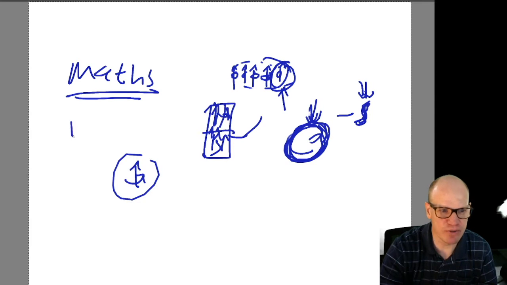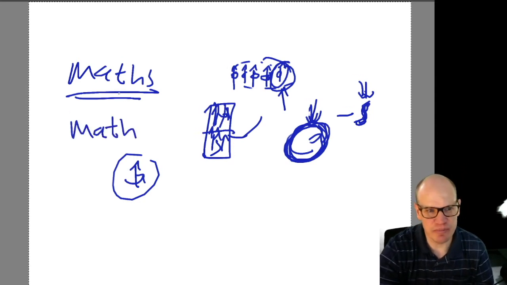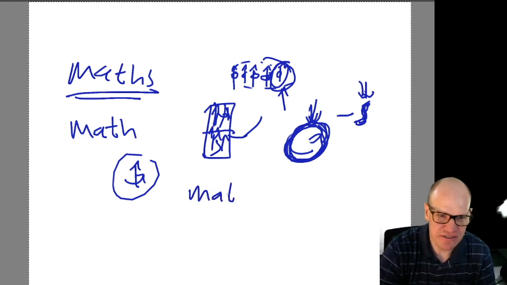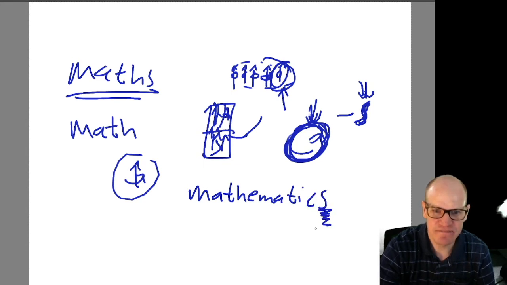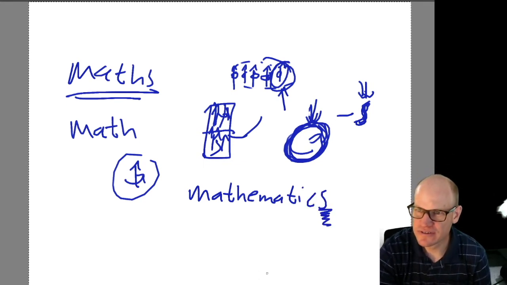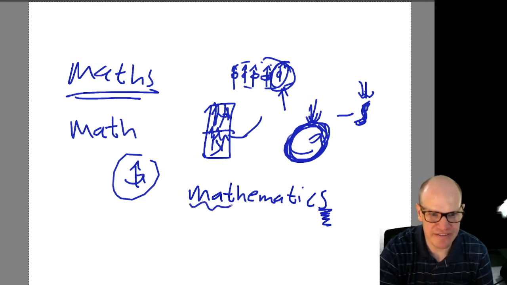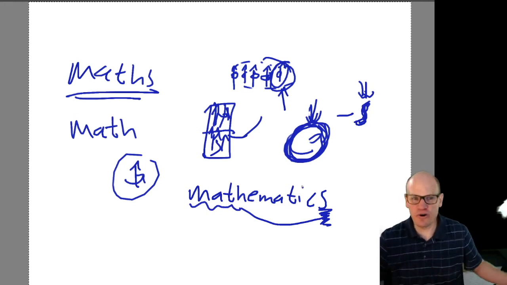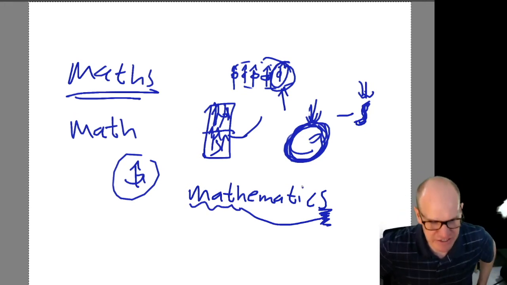In America, we say we do math. And in Great Britain, they do maths. And the reason is that the subject is mathematics. It's already plural. So we say math, and they say maths because mathematics is a plural word. And now you know why the British have the extra S at the end.